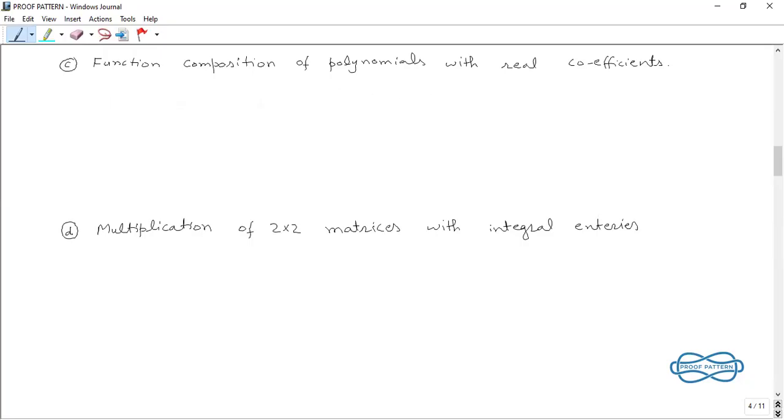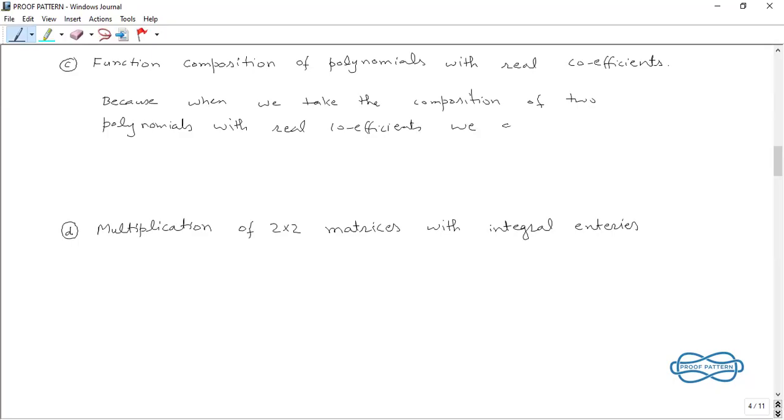So this is closed because when we take the composition of two polynomials with real coefficients, we again get a polynomial with real coefficients. So this binary operation is closed.